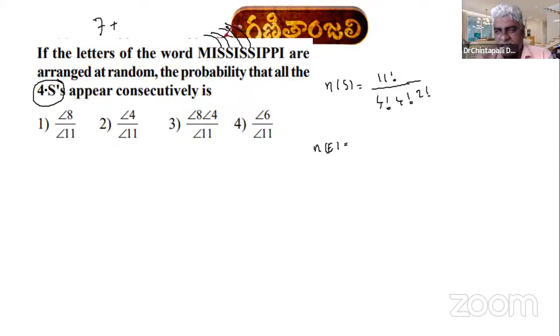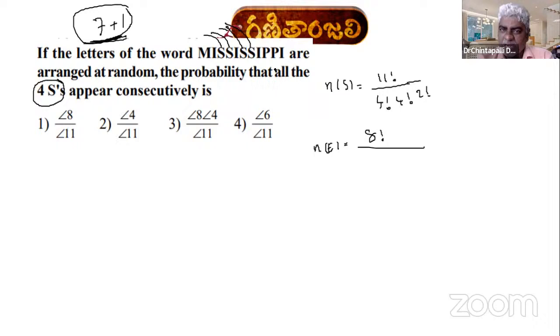Let us pack the 4 S's as a bundle, one unit. Adding that bundle to the 7 letters gives 8 things, which are arranged in a row in 8 factorial ways.